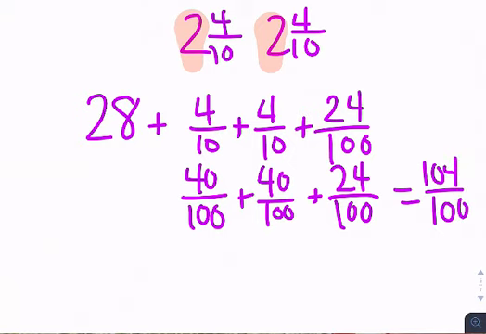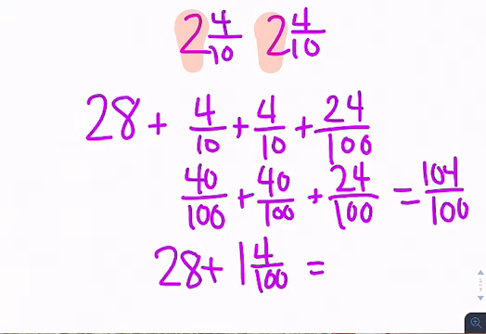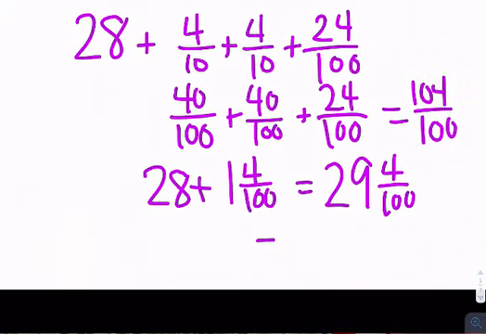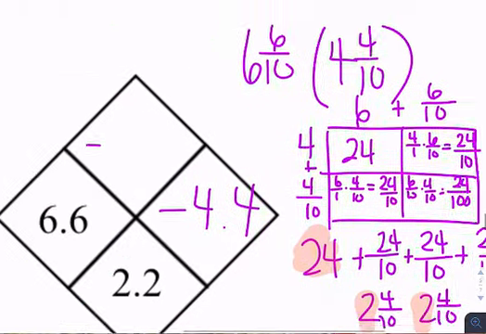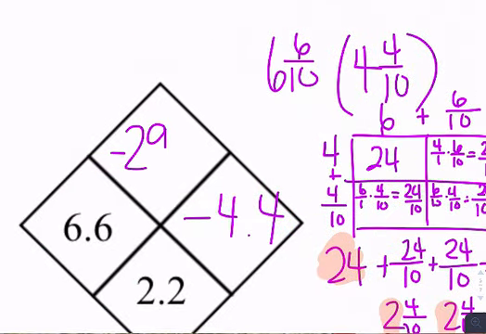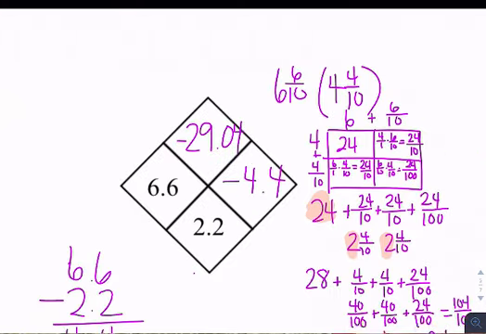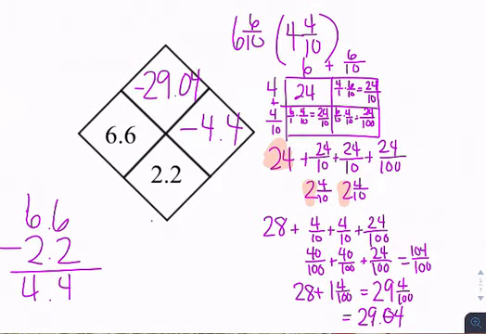So I get 28 plus 1 4/100ths, which is 29 4/100ths, which is 29.04. So my answer is negative 29.04. Feel free to pause, take a look at what I wrote down, but there's a couple different methods for you.